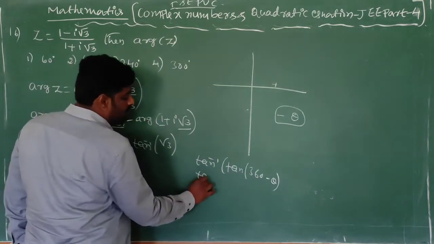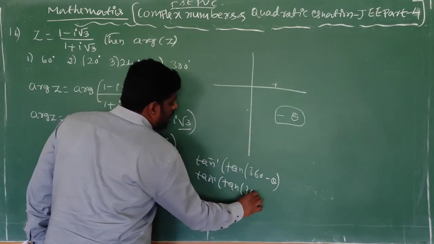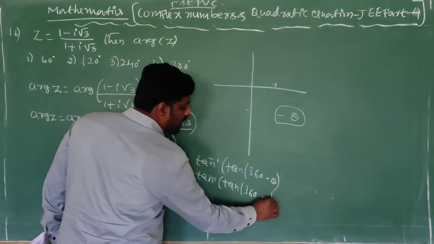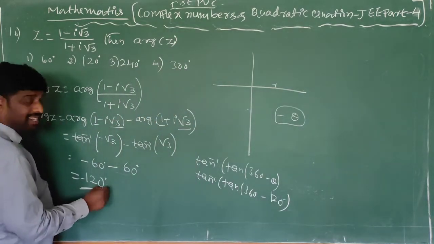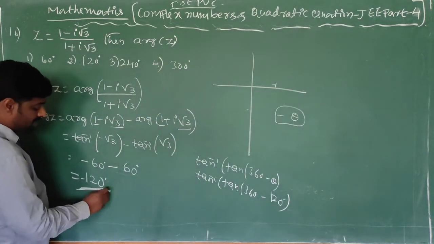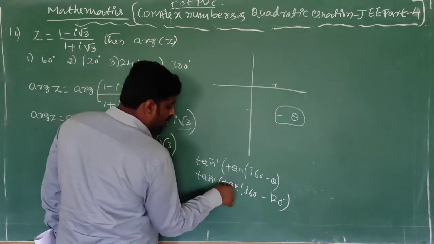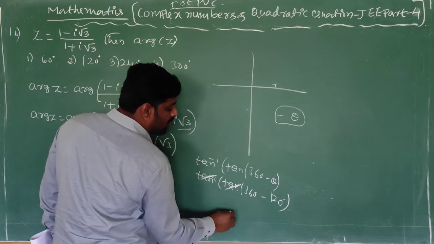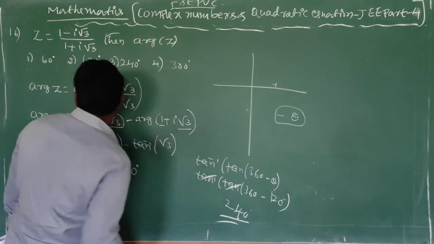The theta value here is minus 120. We will take it as a form of minus theta, only theta we can take. That is, tan inverse cancels. 360 minus theta is 240. So now which option?